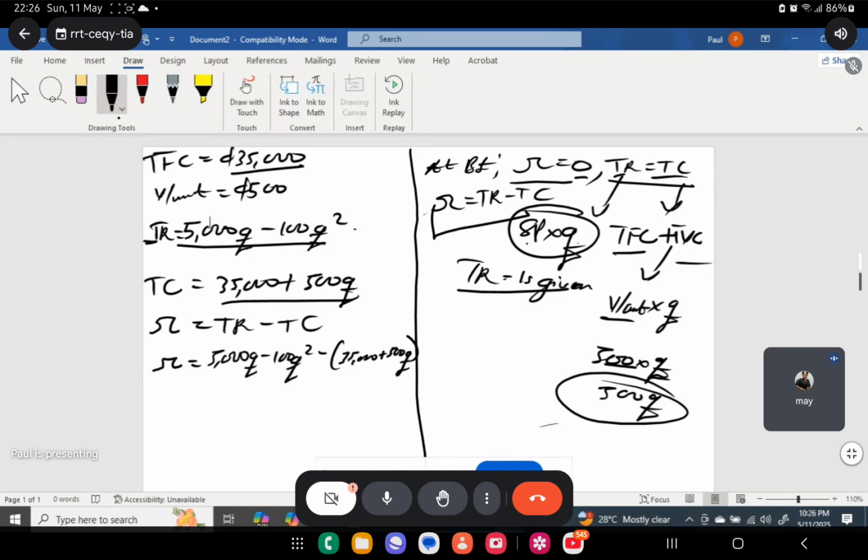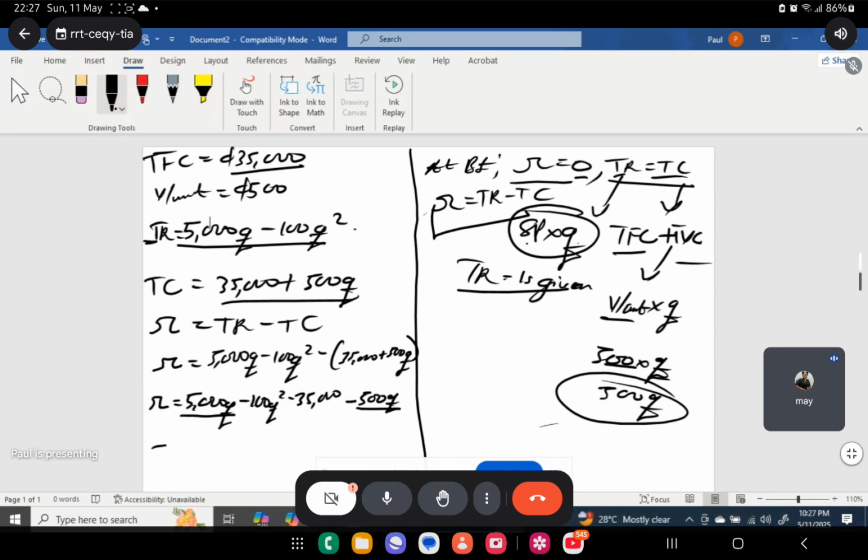So from here, the negative will affect everything. So our profit becomes 5,000 kilo minus 100 kilo squared minus 35,000 minus 500 kilo. Now, you know that because this is 5,000 kilo and this is 500 kilo, they are like terms, so they can add up or subtract.